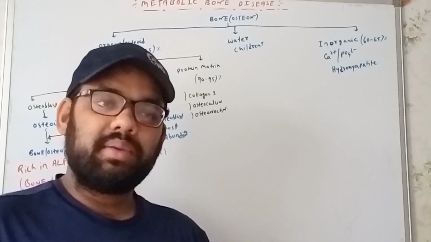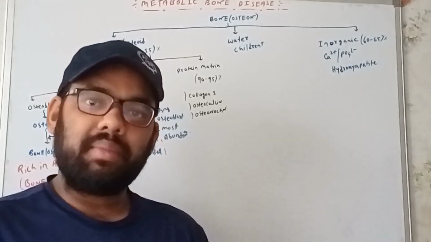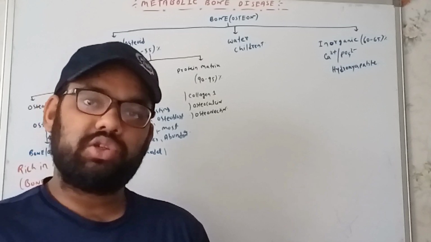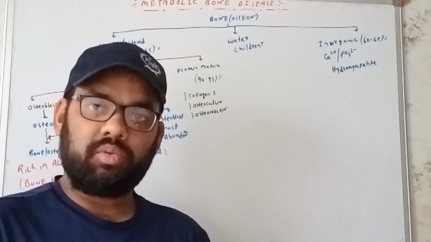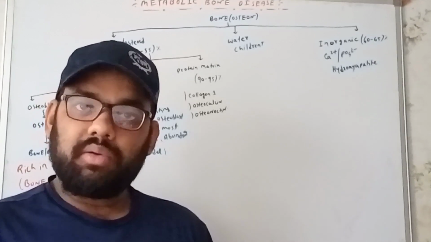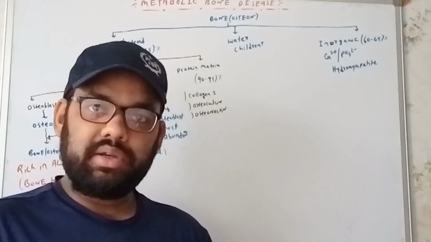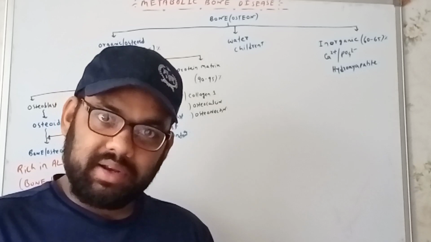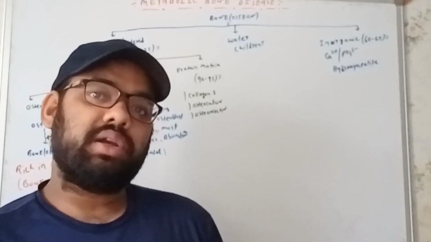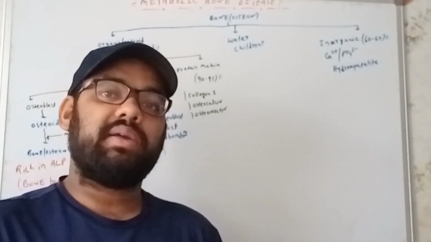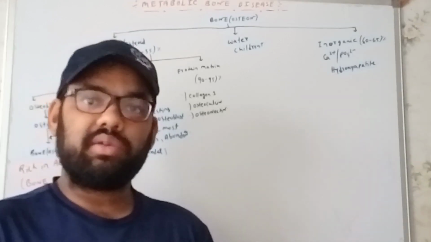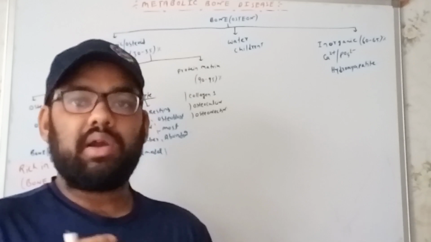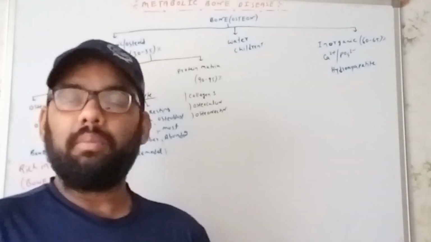Whenever the minerals come and get deposited over the osteoid, it makes the bone, that is nothing but the osteon. That means osteoid will be converted into osteon. And what is osteon? Osteon is nothing but the bone.